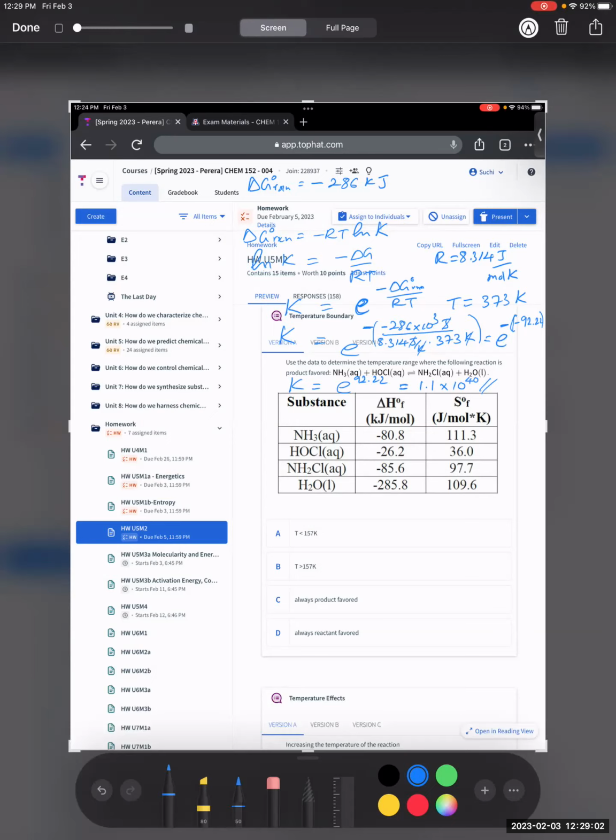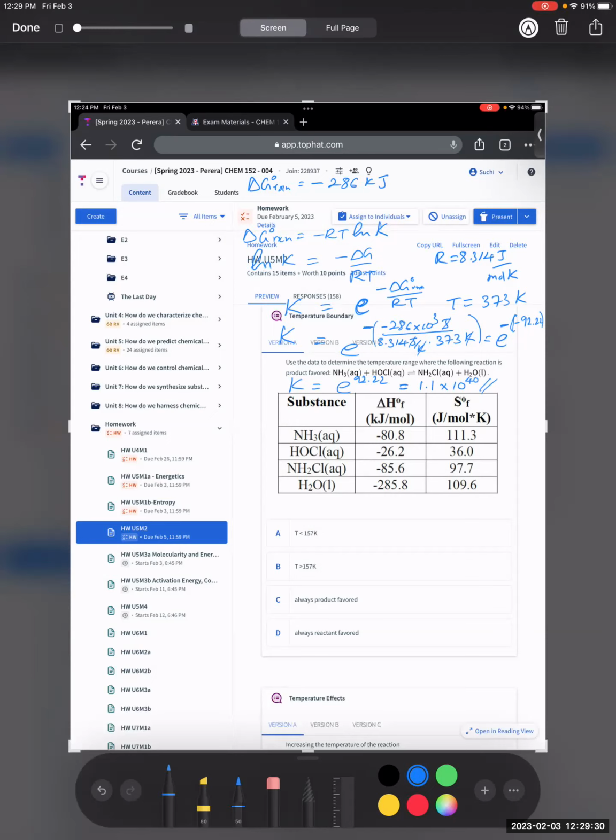We have to be careful when you plug these numbers in the calculator, because unless we have our parentheses correctly, we can make a mistake very easily here. Okay, and that is that. Then let's do the question on the screen. Use the data to determine the temperature range where the following reaction is product favored.